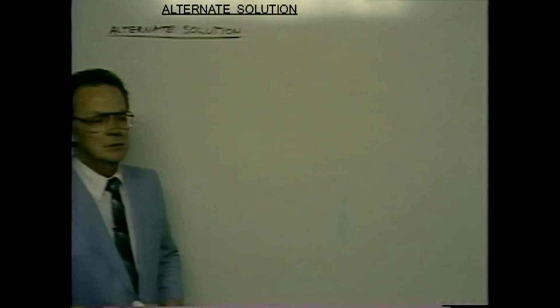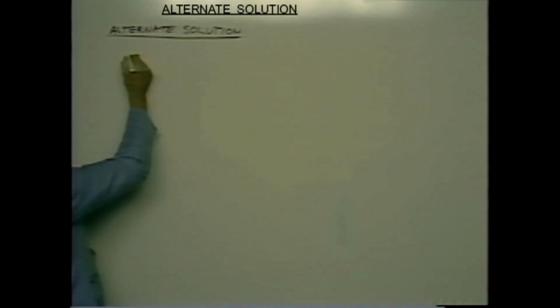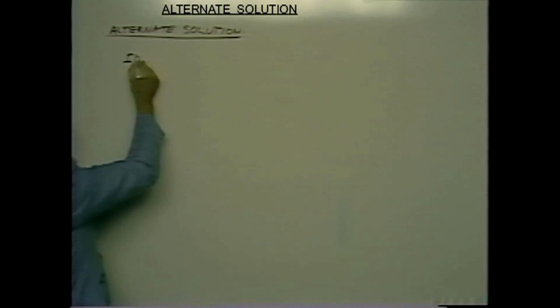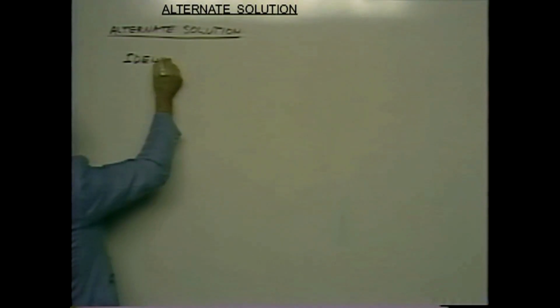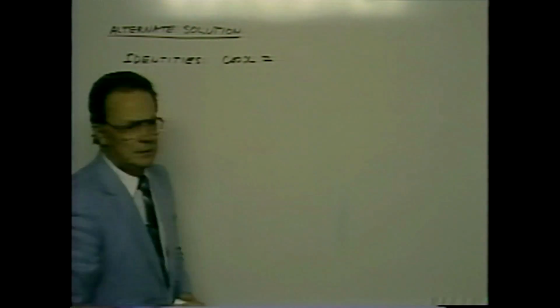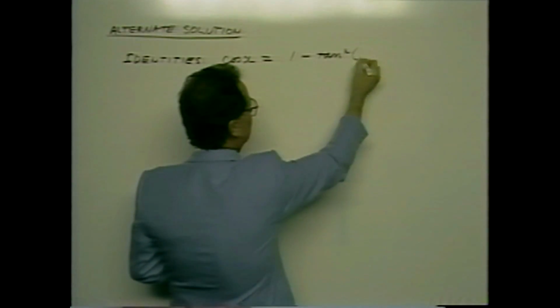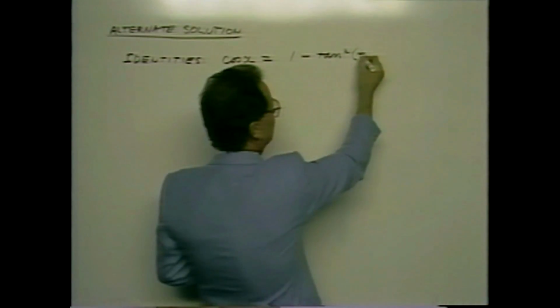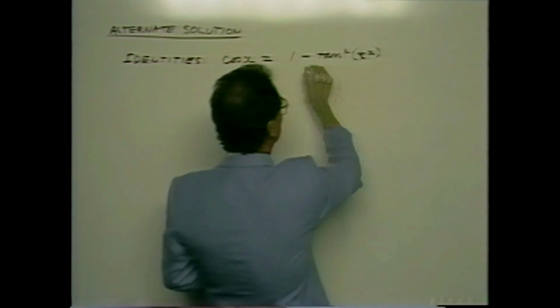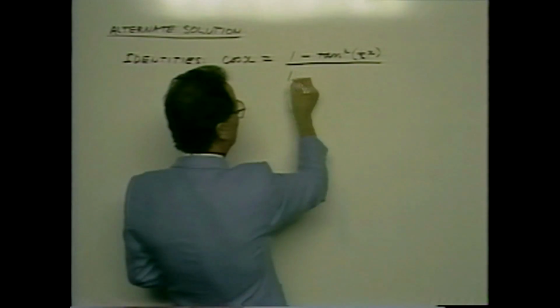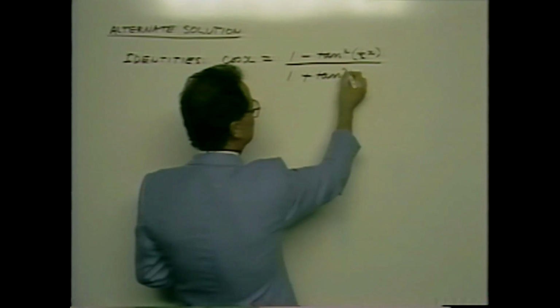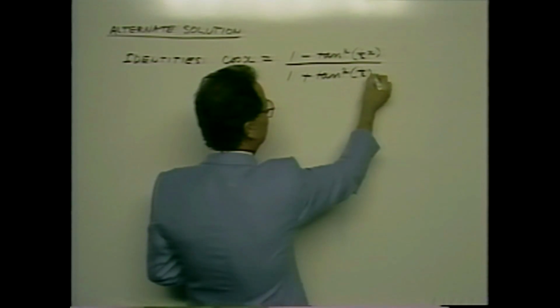Here is an alternate solution that has a very direct approach to getting the solutions we want. We want to introduce a couple of identities. That is, that the cos of x is equal to 1 minus tan squared 1/2 x divided by 1 plus tan squared 1/2 x.